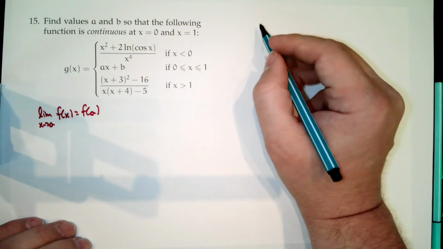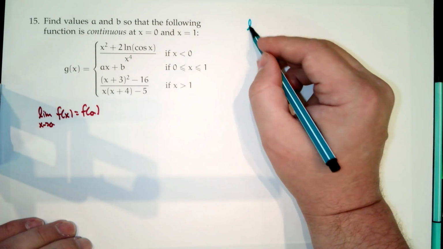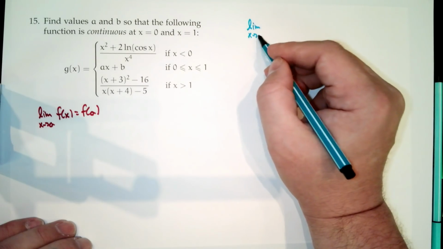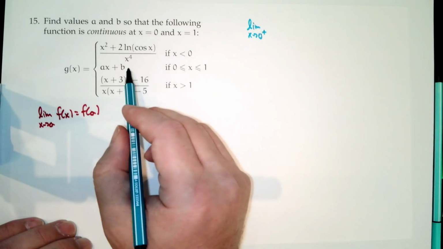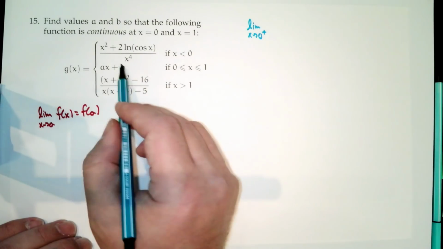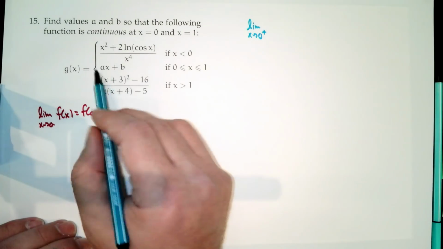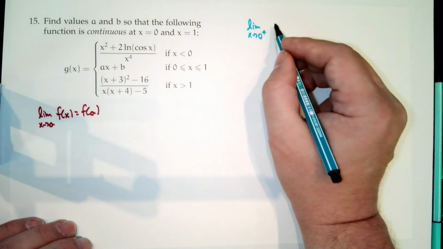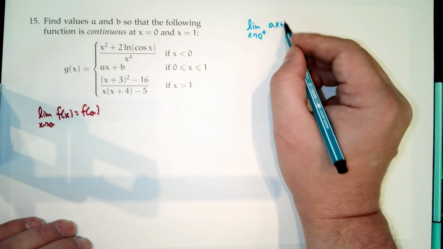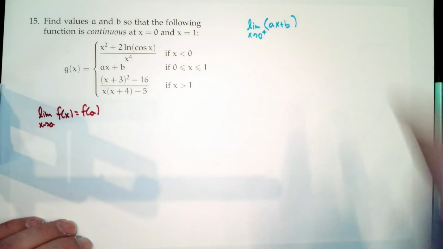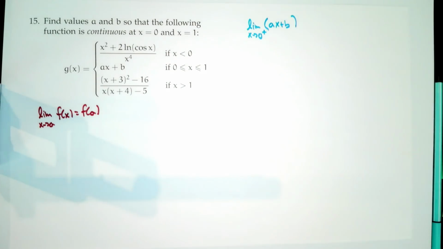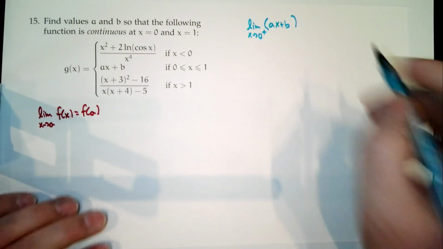So I'm going to take a look at the limit as x approaches 0 from above, of not f of x, g of x. When I approach 0 from above, I look like ax plus b. On a side note, what does ax plus b approach as x goes to 0? It approaches b.